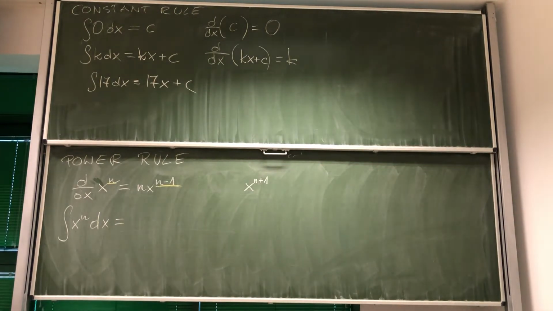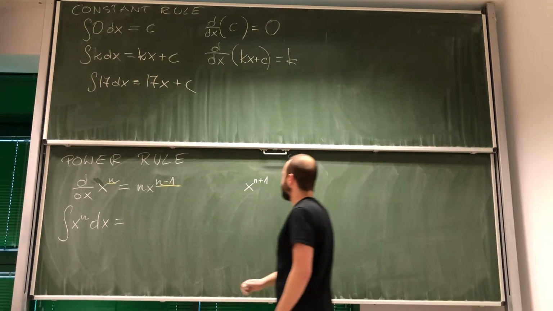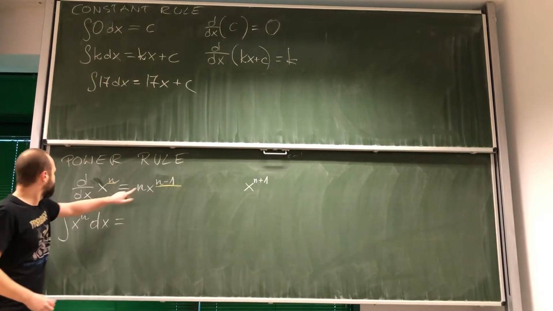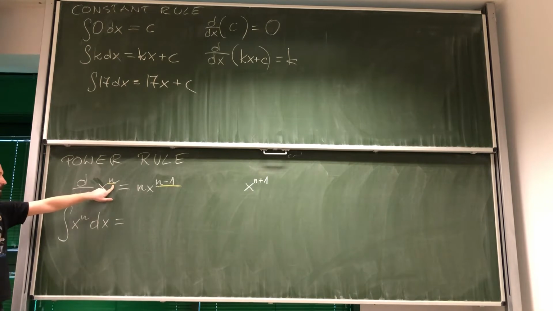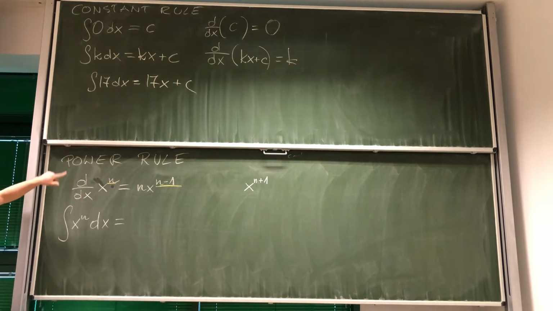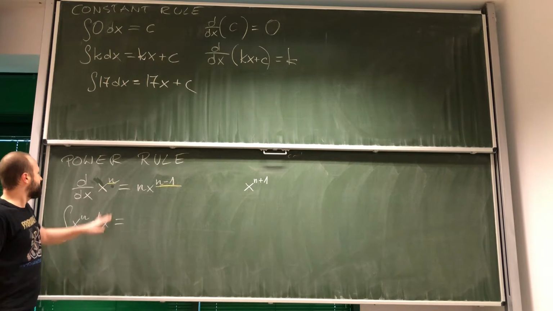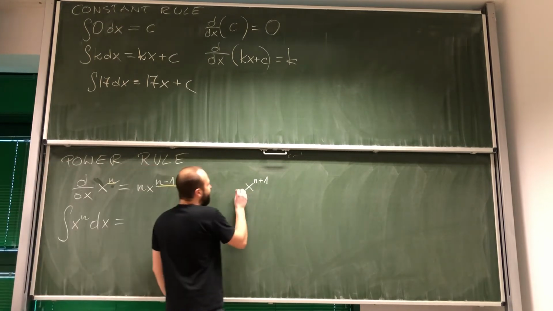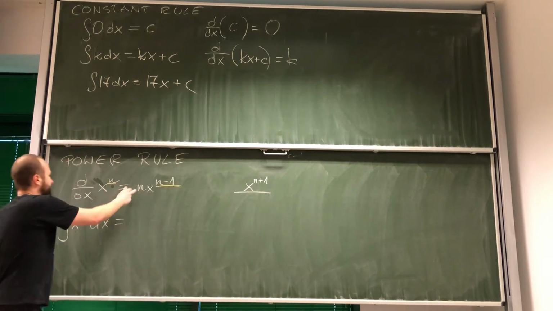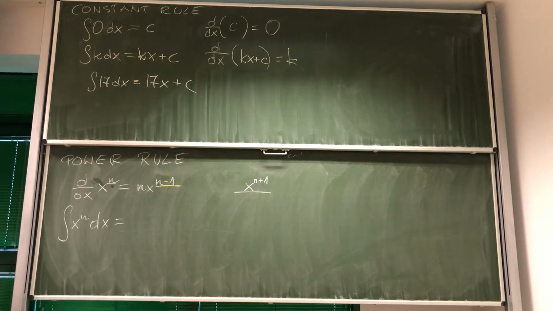That makes sense. But look, there's another problem. Here, n used to be over here, but now it's going up front. So, how should we deal with this? Look, if this n goes up front, it means that we multiply by n.